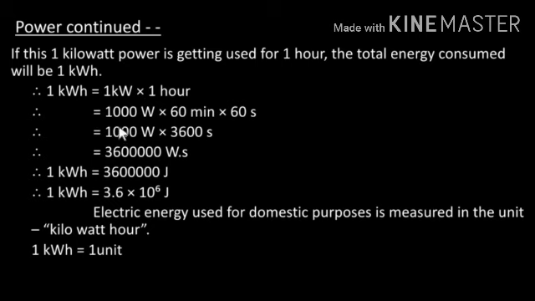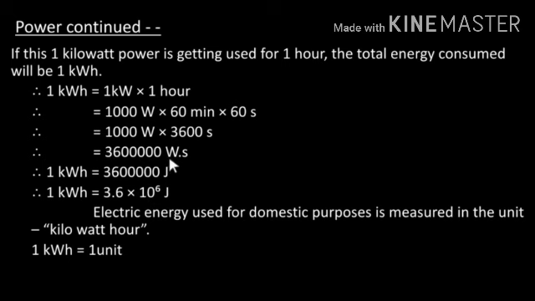Kilowatt means 1000 watt, into 1 hour, which contains 60 minutes, and each minute contains 60 seconds. Therefore, it is equal to 1000 watt into 60 into 60, that is 3600 seconds, which comes to 36 lakh watt second. Therefore, 1 kilowatt hour is equal to 36 lakh joule.